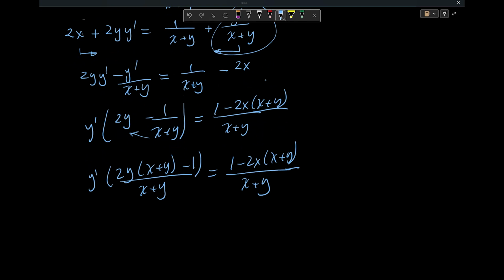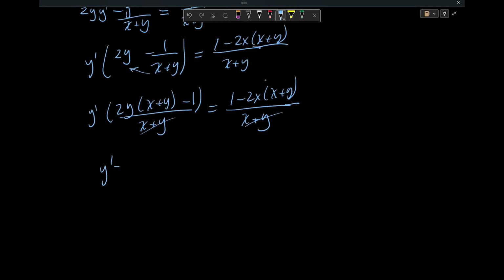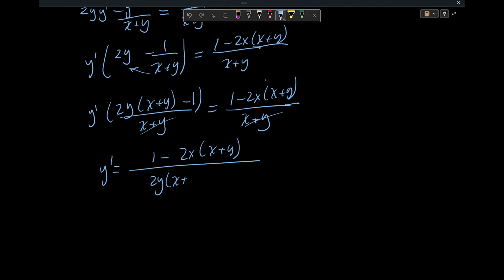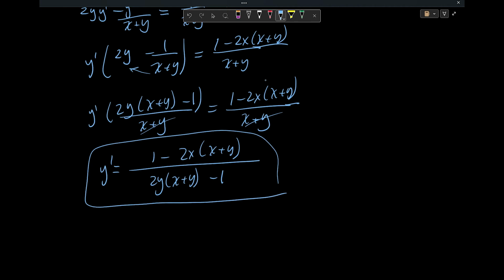We're going to assume x plus y is not 0. We can cancel them out. And then y prime equals 1 minus 2x times x plus y over 2y times x plus y minus 1. There is our derivative. Give me an x, give me a y, I can get the slope of the tangent line.